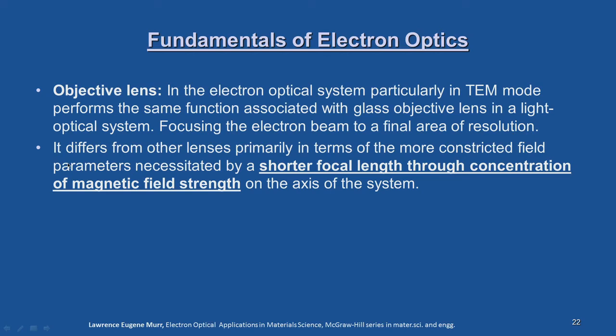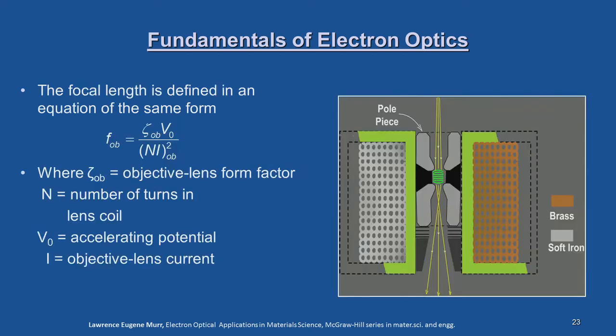This objective lens is very different from the other lenses, primarily in terms of the more constricted field parameters necessitated by a shorter focal length through the concentration of magnetic field strength on the axis of the system. So, the objective lens has a slightly different role in order to bring the shorter focal length. So, obviously, the design will be slightly different.